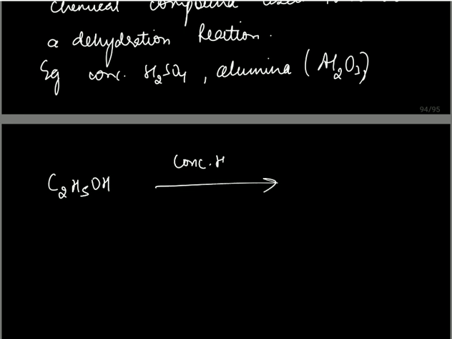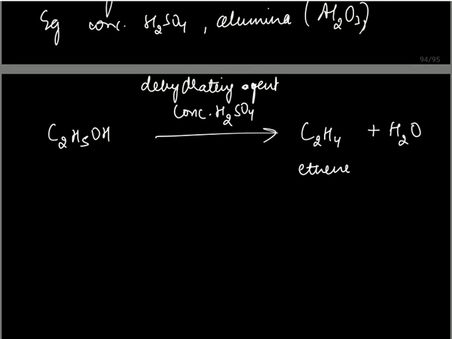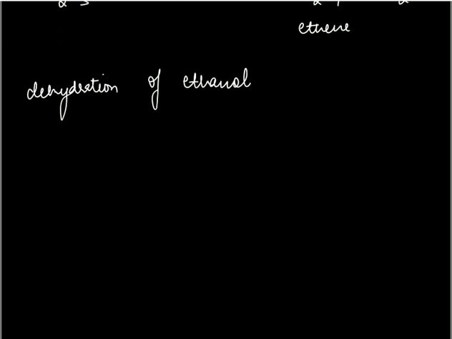Concentrated sulfuric acid is our dehydrating agent, and it's giving us ethene, C2H4, and water is removed. So this removal of water is why we call it dehydration of ethanol.